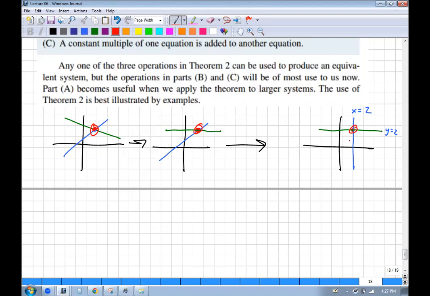It's what solves both the lines. So the lines may change, the equations may change, but we'd rather have this than 2x plus 3y equals 1 and x minus 2y equals 4. These suck, right? I'd rather have it written down like this. Tell me exactly what x and y is, right?